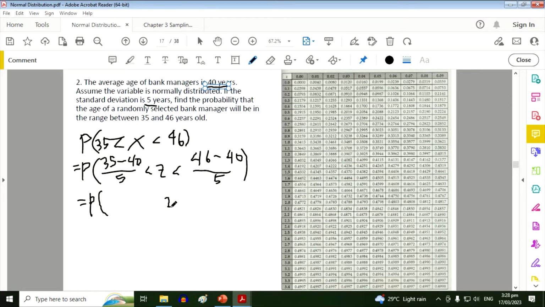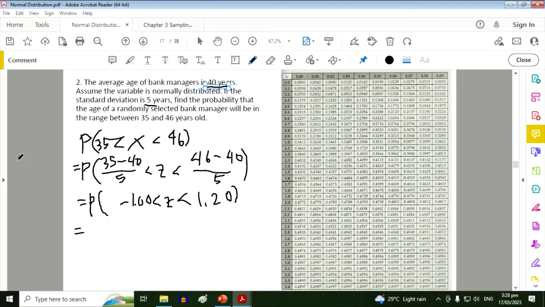So on the left side, this is negative 5 over 5, so negative 1 or negative 1.00. On the right side, it's 6 over 5 or 1.2.